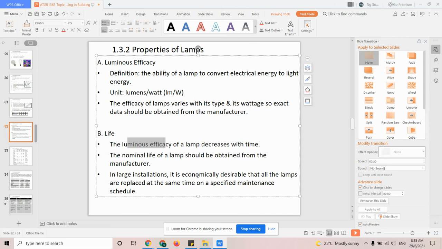So it won't be so efficient in converting this electric energy into light energy. So nominal lifespan or the life of the lighting will always be given by the manufacturer. It's by law that they need to provide this data sheet.